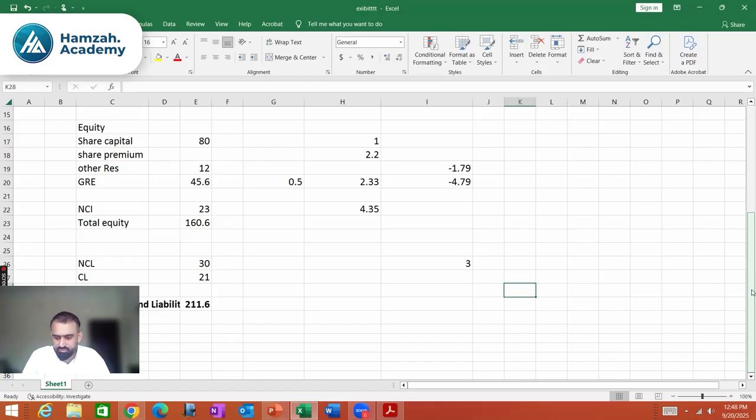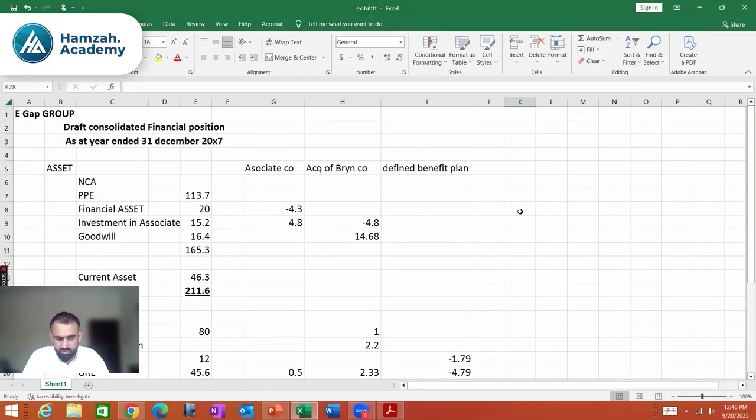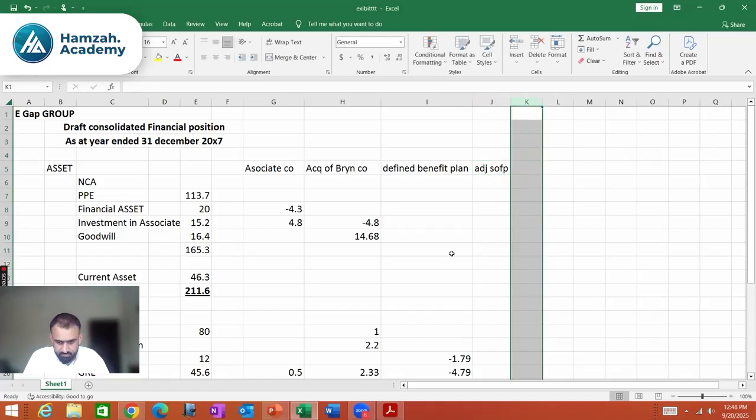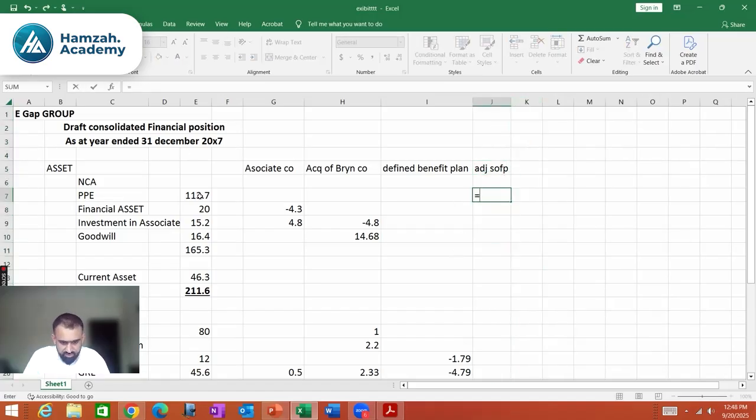Now, after doing this, if you calculate the adjusted statement of financial position, the value of property, plant and equipment will remain the same. Value of financial asset will be changed.